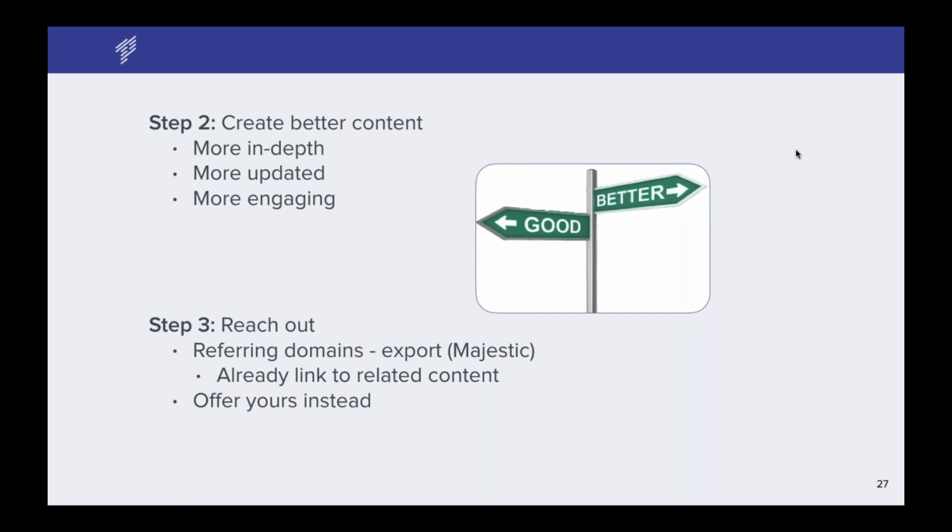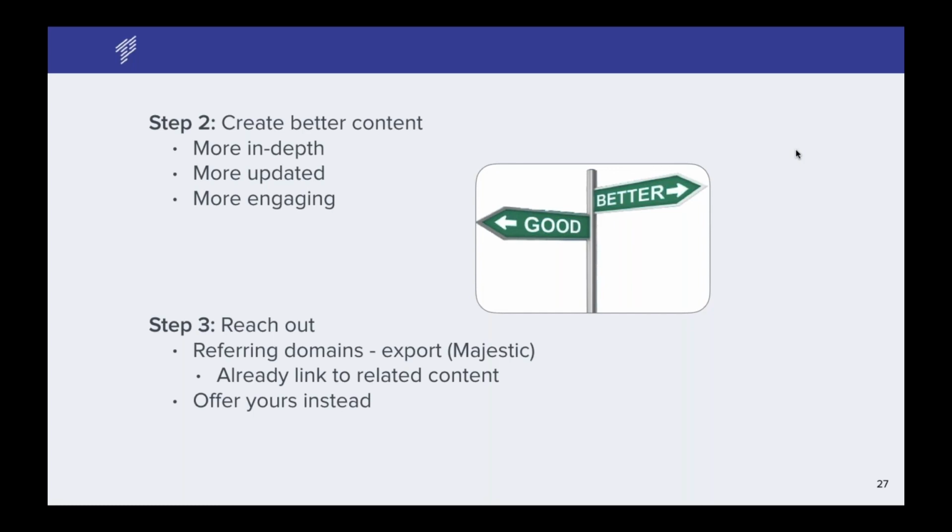So what you have to do is reach out to those people, and you can do this by first getting this list. You can again go to Majestic and download those links that are pointing to your competitors' content, and then filter through them, because some of them may be totally irrelevant.